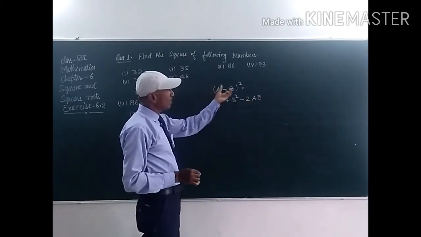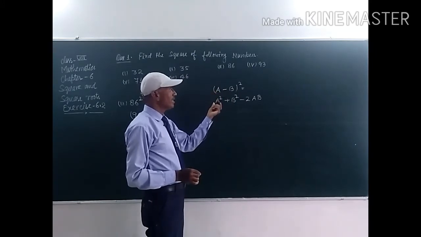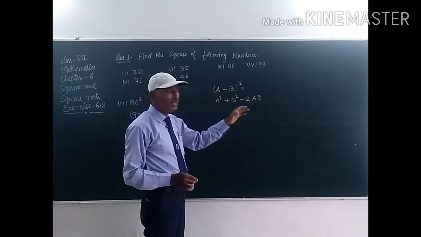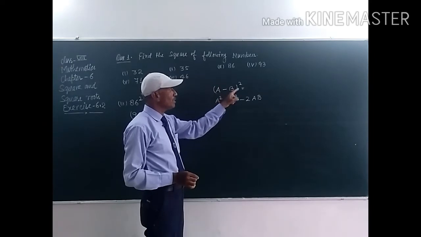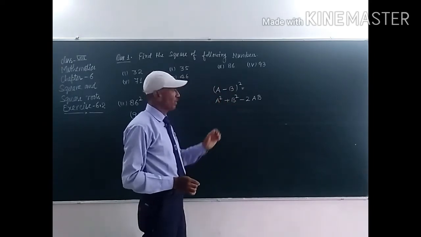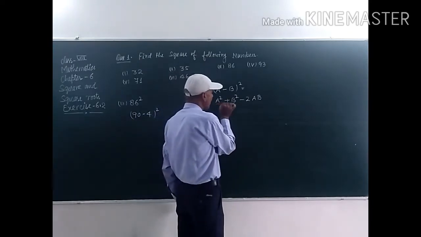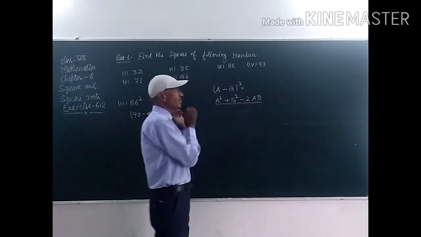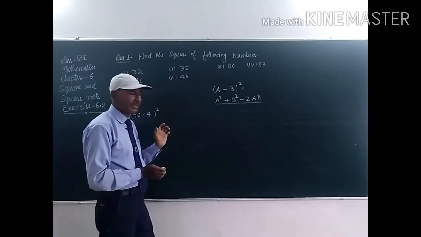In (a plus b) whole square there is a square plus b square plus 2ab, but in (a minus b) whole square there is a square plus b square minus 2ab, student. Clear? So this one is an identity, student, and in this question we have to use this identity.